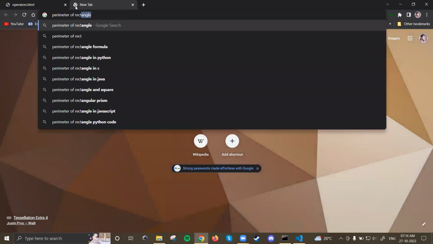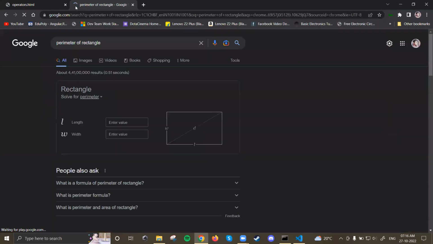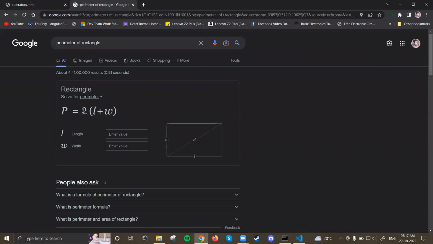It is 2 into length plus breadth, 2 into L plus B. This is what the perimeter is, where L is the length and W the width, or B if we use B, that is the breadth. So the total length of the boundary is the perimeter. How to find the perimeter of a rectangle? We have to use this expression in our problem.